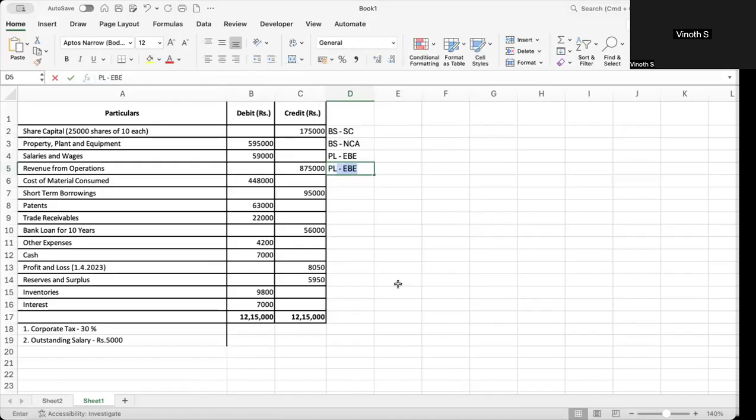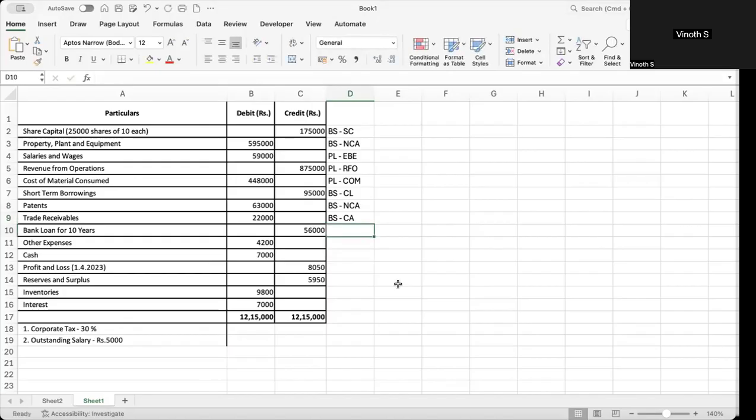Revenue from operations, P&L, RFO. Cost of material consumed, P&L, COM. Short-term borrowings, balance sheet, current liability. Patent, it's an intangible asset, long-term, similar to goodwill. So balance sheet, non-current asset. Trade receivable, balance sheet, current asset.